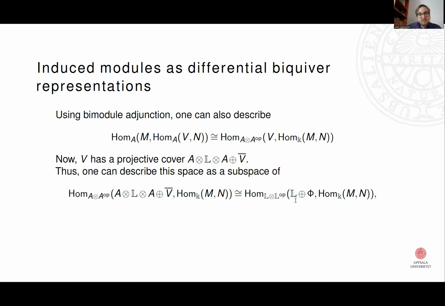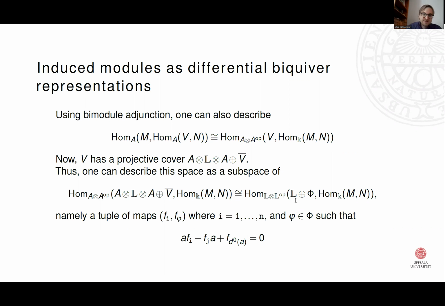Okay, and then you can see again what kind of space it is, and what the morphisms are here. So these are tuples of maps, F_i representing the maps from L to hom M N, and F_phi representing the maps from phi to hom M N. And they have to be arranged in such a way that F_i minus F_j a plus F evaluated on d0 of a is equal to 0.